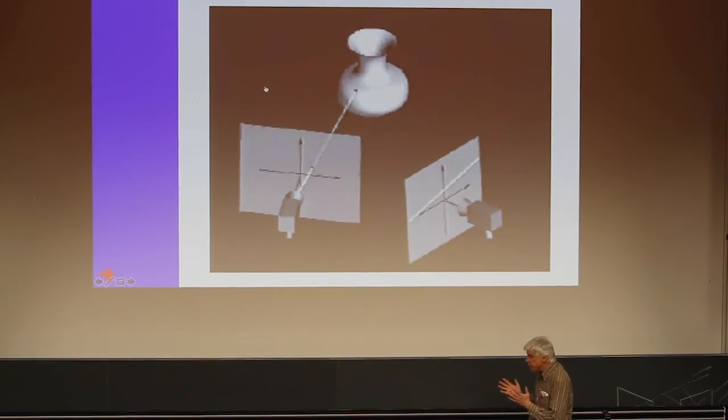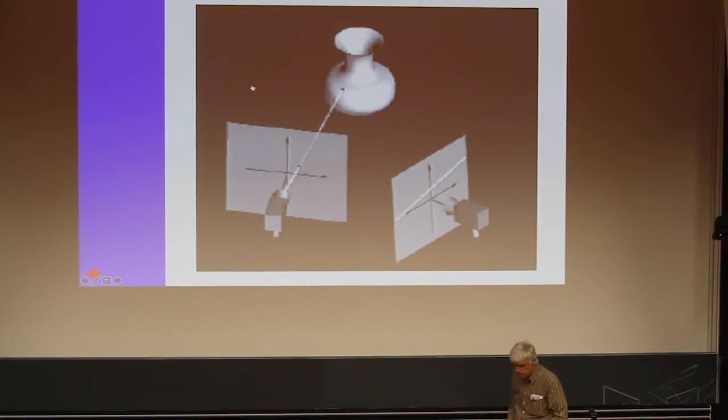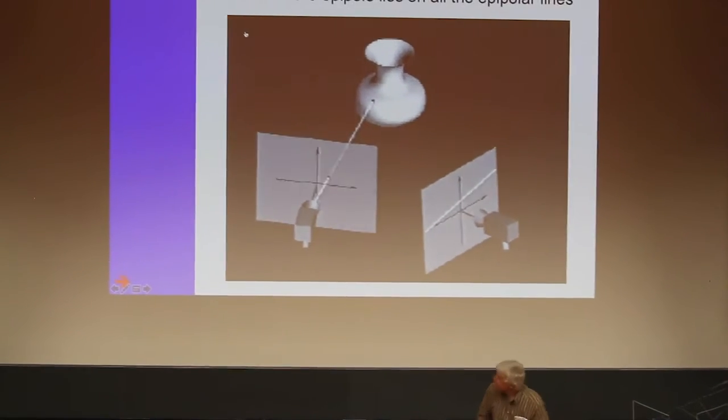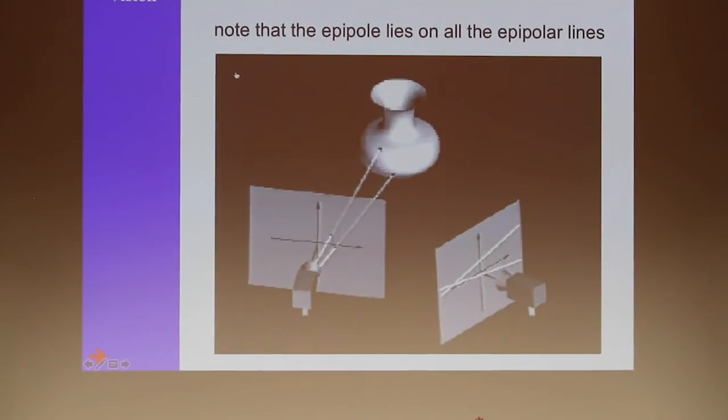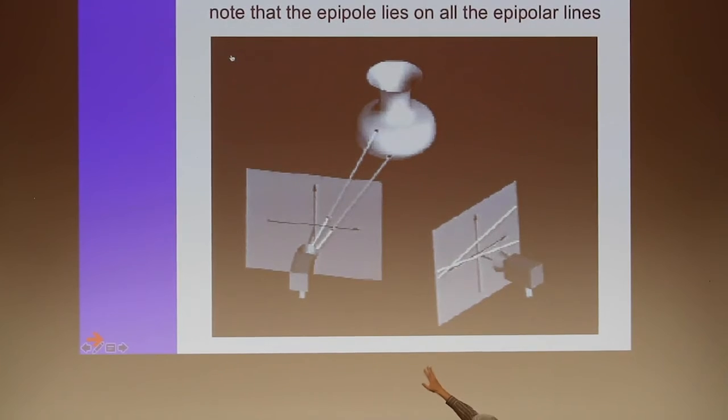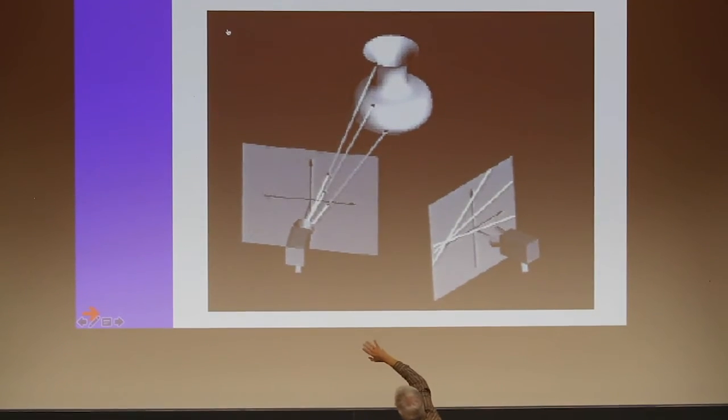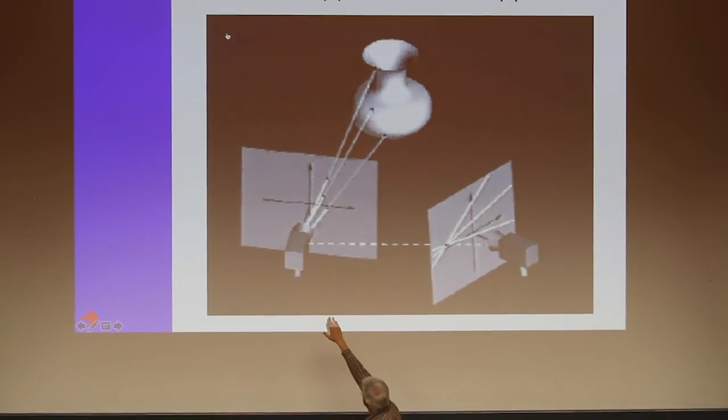So we get this pencil of lines in the first camera. So even if you take another point P in the first image, you get a different projection ray, but all go to the center of projection here.